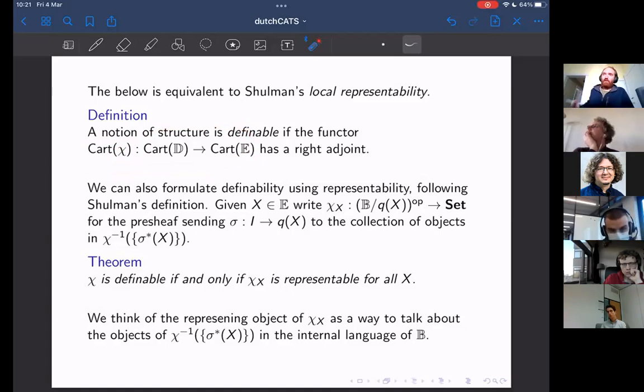We can also formulate this definition of definability using representability of presheaves.